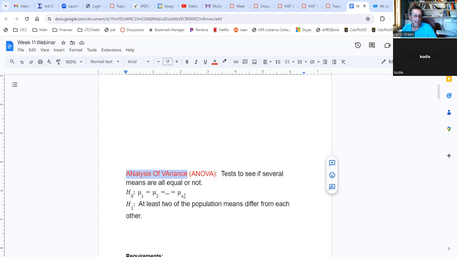if it was all the states, that n would be 50. Or let's say you were looking at the average age of students at the California community colleges, the UC universities, and the Cal State universities. Then you would say mu sub 1 equals mu sub 2 equals mu sub 3, because there's only 3 to look at.